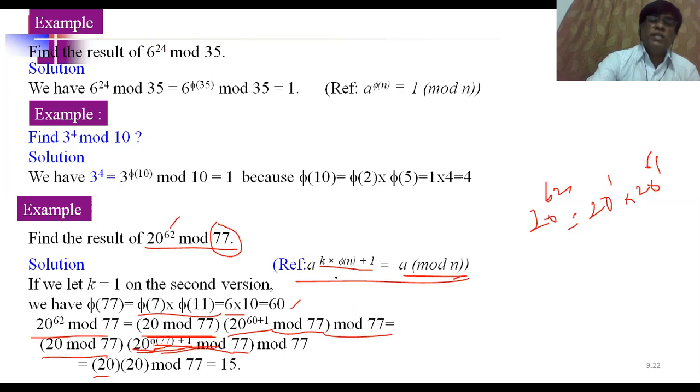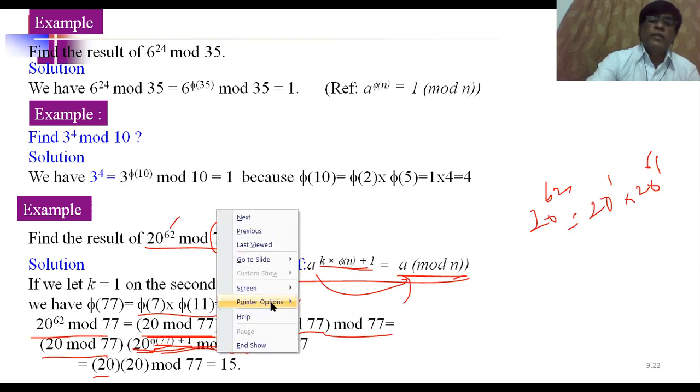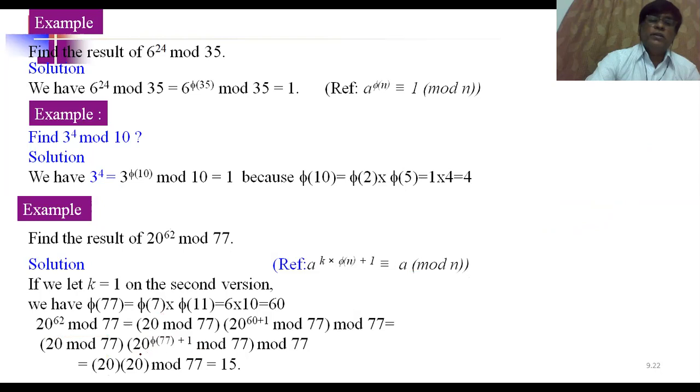That means a power k into phi n plus 1 is equal to a. That's why this 20 power phi 77 plus 1 is 20. Then 20 into 20 is 400, modulo division with 77, and the remainder is 15.